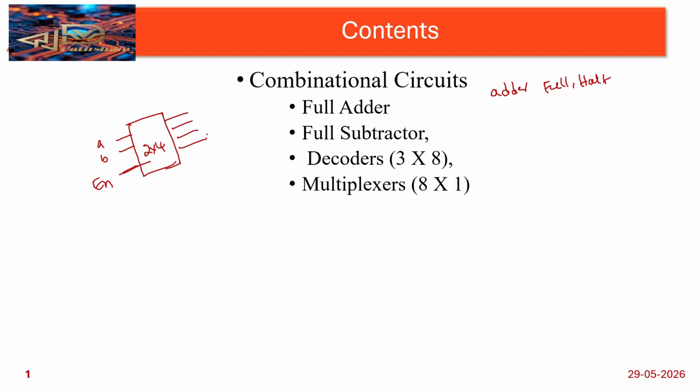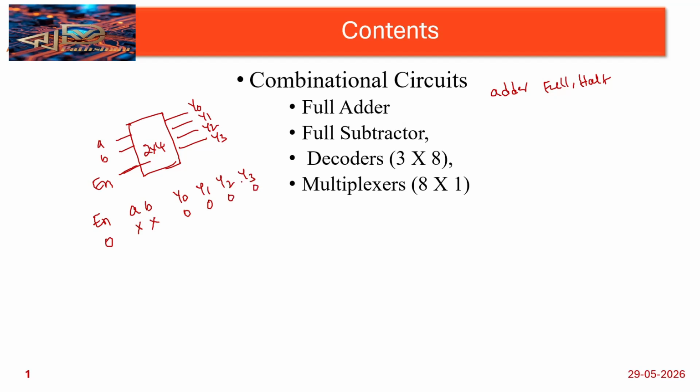And then I am getting the outputs. How the enable pin acts: suppose the enable pin is off, that means 0, and then if you provide any type of inputs, the outputs y0, y1, y2, y3, here also I am not getting any output, all the outputs should be 0 only.